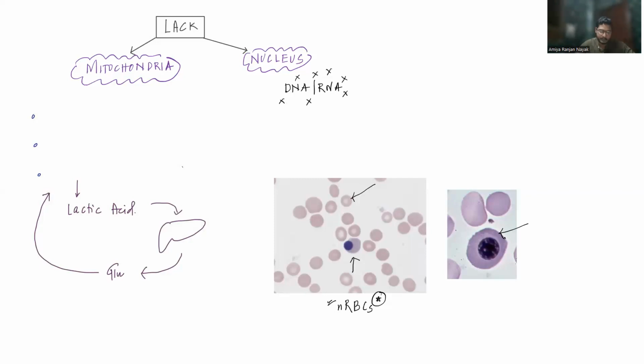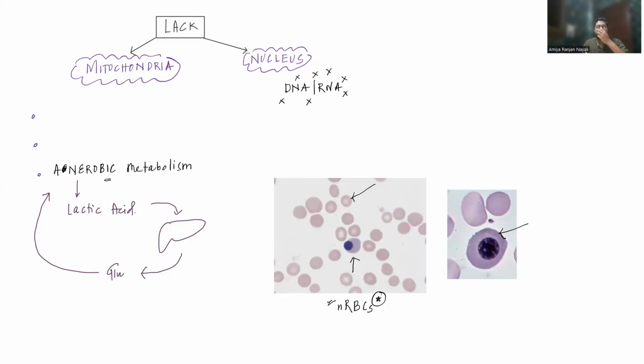So if they do not have mitochondria, they can only have anaerobic metabolism. And what is the end product of anaerobic metabolism?